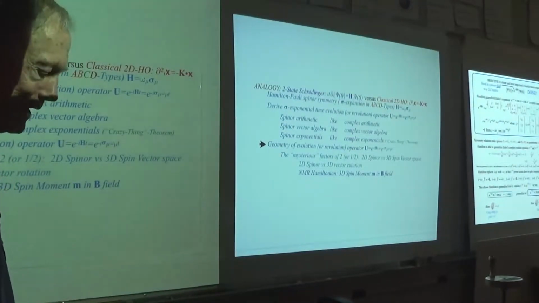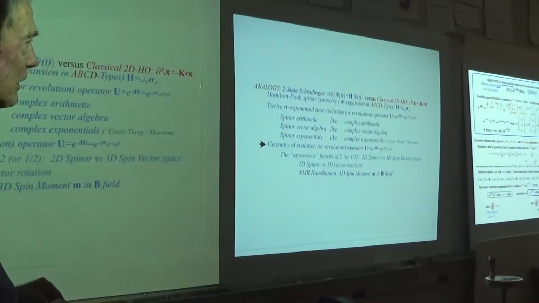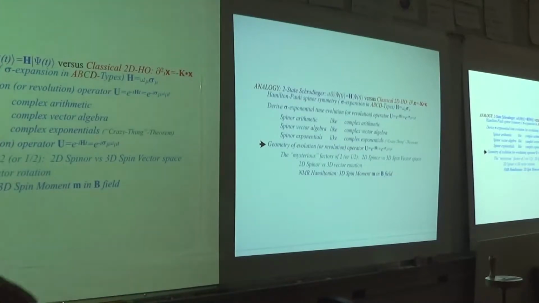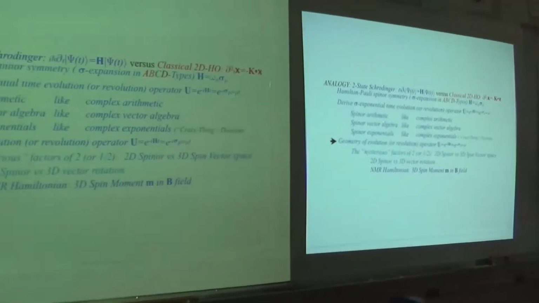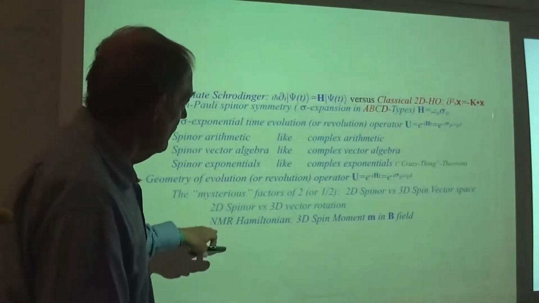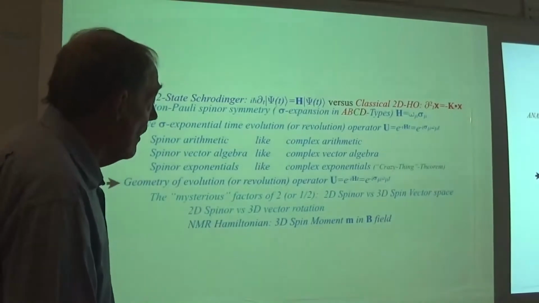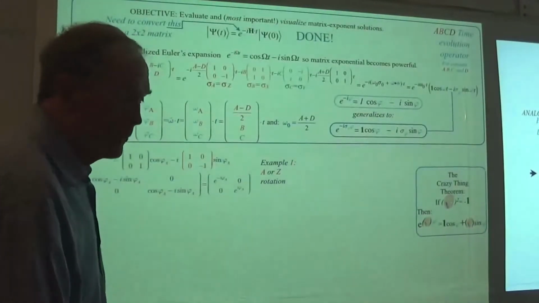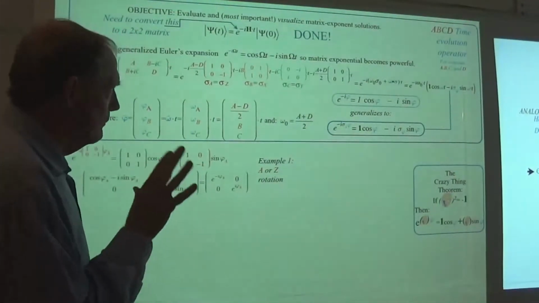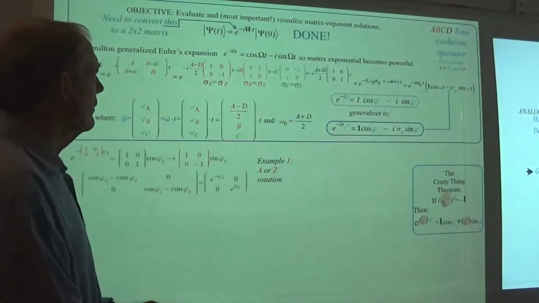And they're important factors of 2. Failure to take cognizance of them will definitely lead to disaster, mathematically speaking. And so we need to do that, and we'll come on down and we'll be making the NMR Hamiltonian. I hope to demonstrate that with a magnet here, but let's get the algebra done first.